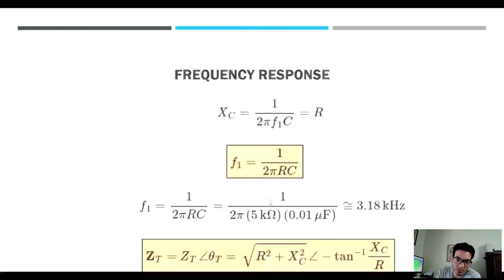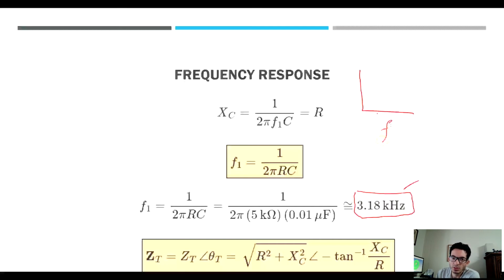For this example, because of the values of 5 kilo ohms and 0.01 microfarads, the resonant frequency is about 3.18 kilohertz. If you look at the graph, where this is frequency and this is impedance, that is more or less where there's a shift in behavior between purely capacitive and purely resistive.